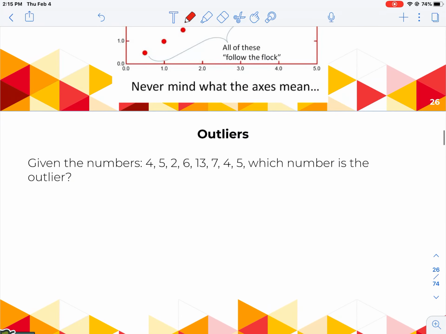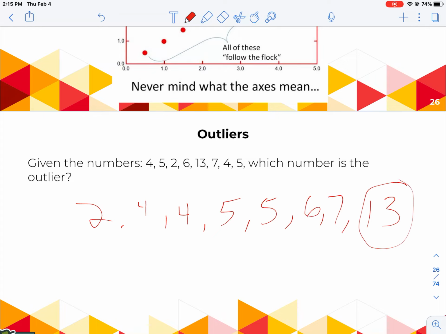If we're looking at this data set, given the numbers 4, 5, 2, 6, 13, 7, 4, and 15, which number is the outlier? Well, I think it's a good idea to just put all the numbers in order. So in this data set, I would say 13 is an outlier.